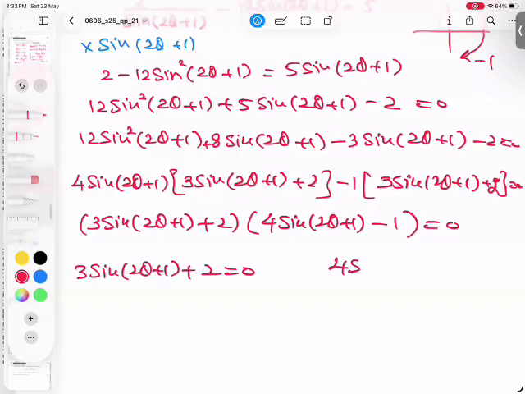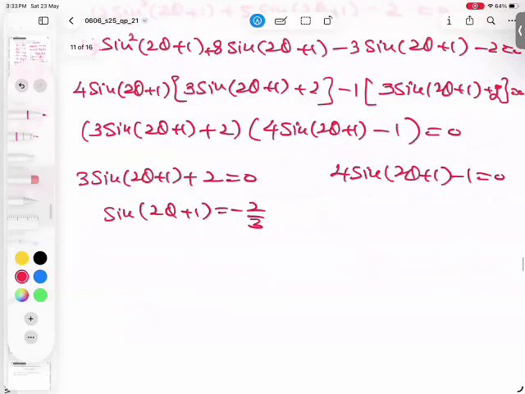And I'm writing 4 sine double theta plus 1 minus 1 equal to 0. So this 2 goes there, 3 divides: -2 over 3. Same story here: sine double theta plus 1 equal to 1 over 4.